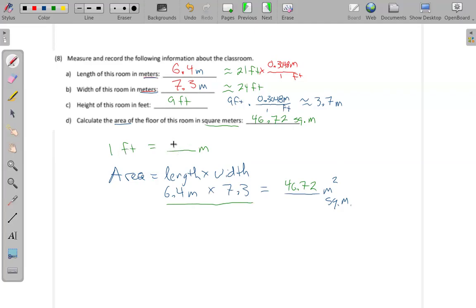We found that 1 foot was 0.3-ish meters. All right, so we've got question number 8. Again, question number 8 actually wanted measurements, but we measured in feet, so we had to measure and convert measurement and then this calculation based on the measurements. If you're doing your own room, you're going to have slightly different numbers.